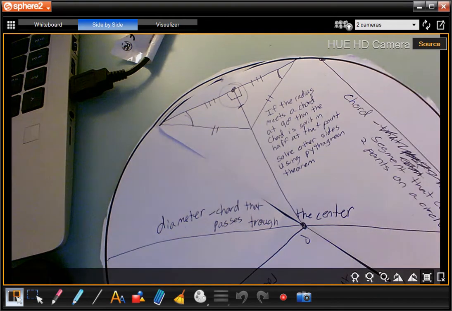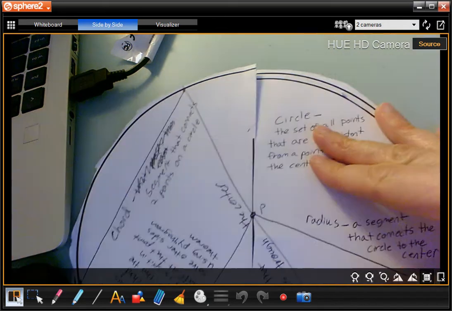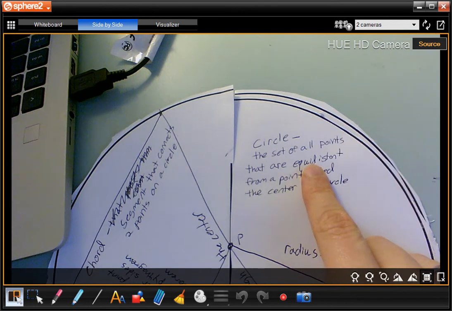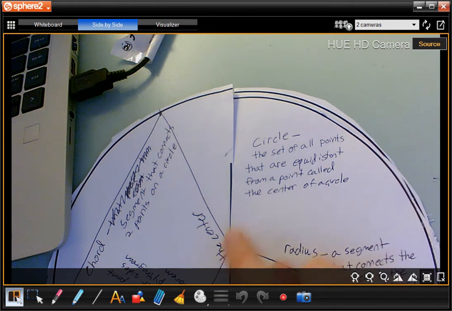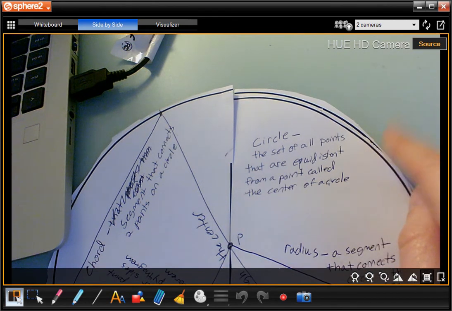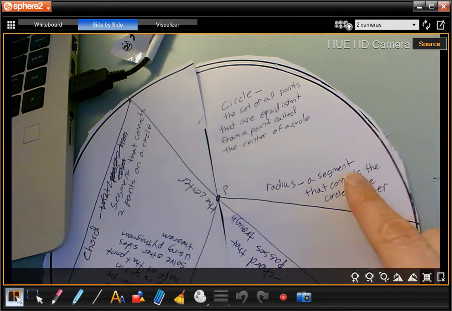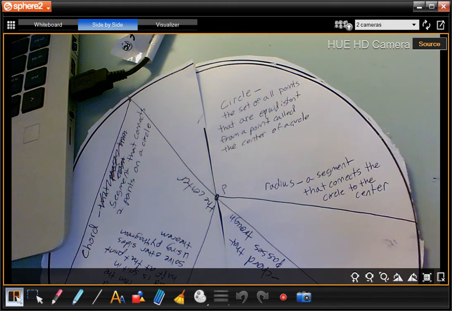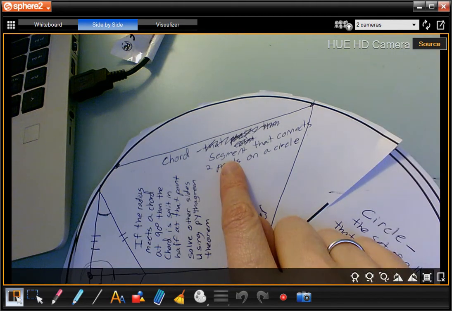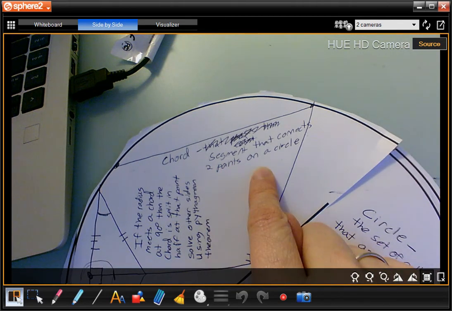Okay, so that is the first page, and I'm going to go over it one more time real quick. We know the circle is the set of all points that are equidistant from a point called the center of a circle. So this center is equidistant to all the points on the outside. A radius is a segment that connects the circle to the center. A chord is a segment that connects 2 points on a circle.